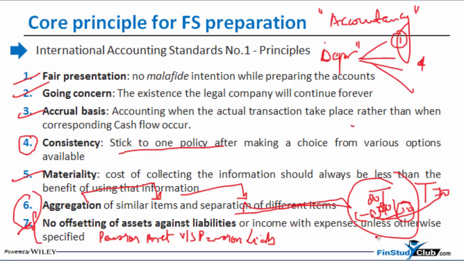So unnecessarily, everything gets netted off and the size gets reduced. So there's a general saying, in US GAAP and IFRS, that let's not unnecessarily offset things with each other.